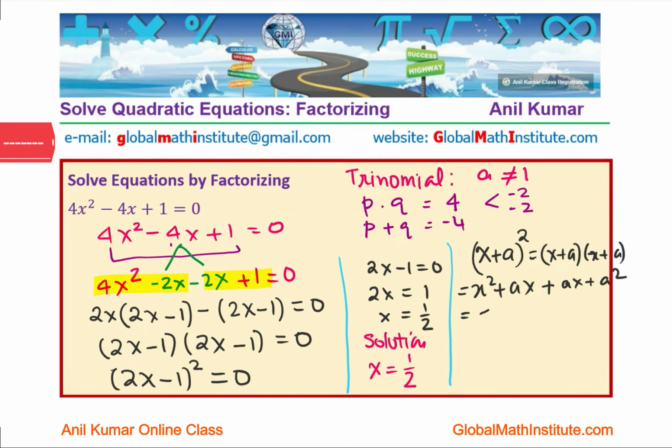And when you add them, you get x squared plus 2ax plus a squared. So whenever you observe that the center term is twice the product of the square roots of these two terms, then it is a perfect square, right? Like here, the center term is 2 times the square roots, this is 2x whole square, this is 1 square, right?